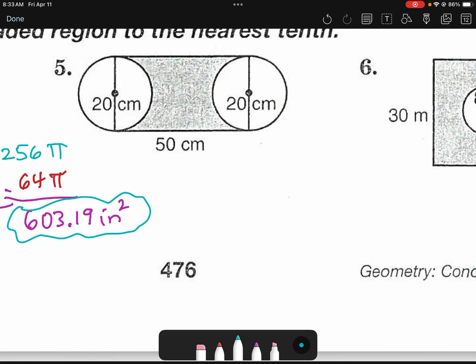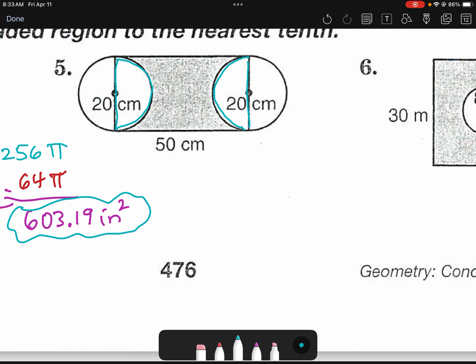Number 5. We want to find the area of this shaded region. Now, inside that shaded region, you have 2 semicircles. I'll just trace them for you. Actually, it's probably better if we call those half circles, because we're finding area.